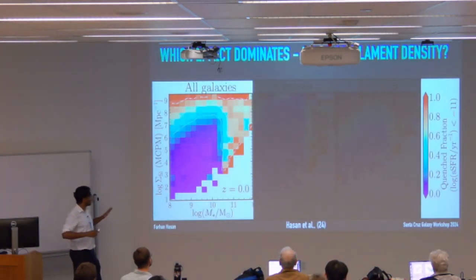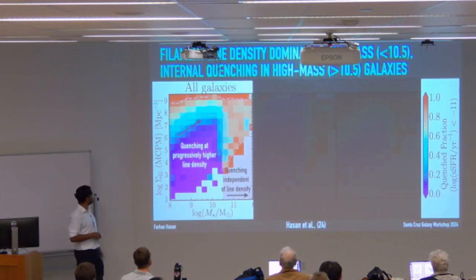We also try to distinguish the effect of mass from filament line density. So these plots over here show the line density on the y-axis, mass on the x-axis, colored by the quenched fraction. So redder is more quenched galaxies, bluer is more star-forming galaxies.